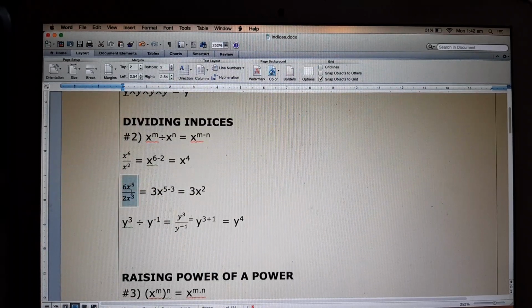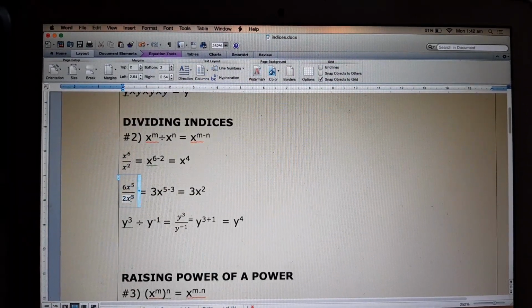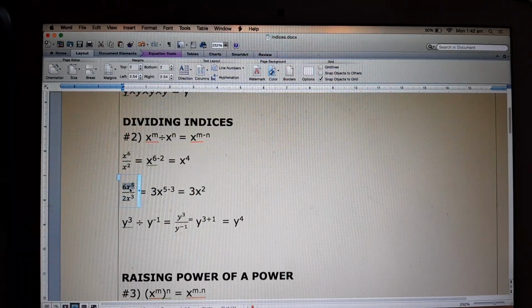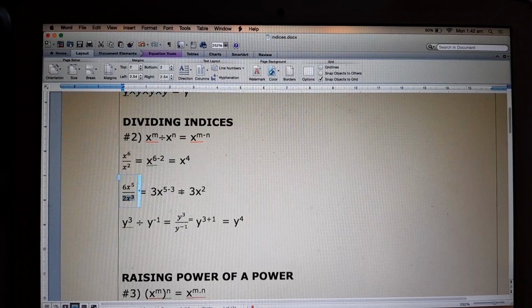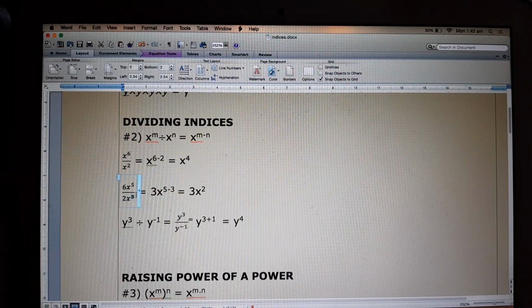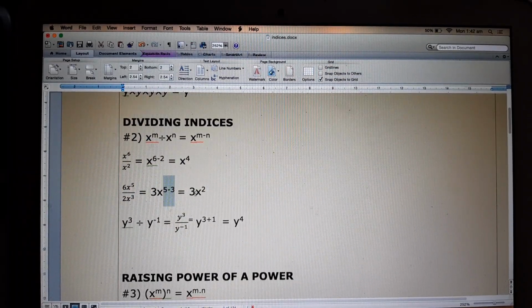However, x raised to the power 5 and x raised to the power 3 will be solved using the laws of indices. Here the base is x in both numerator and denominator, so their powers will be solved according to the rules. When 3 from the denominator moves to the numerator, we will change the sign of this 3. It will become negative and 5 minus 3 is 2.